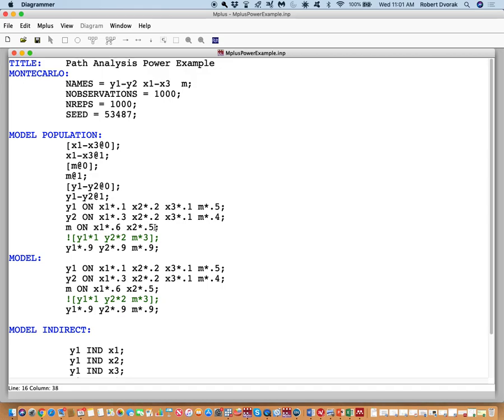Huh. Let's add it. x3 at 0.4. And I'm going to have to throw that down here too. Okay, so all of these are specified as fixed parameters.